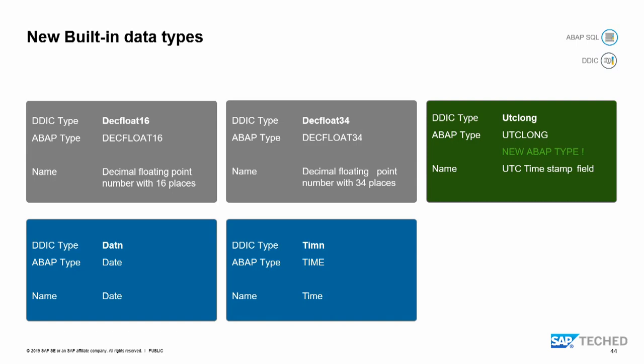And finally, we have the definition of date and time. Date and time already exist in ABAP. We all know there is the classic format. But here, there is a new variation called DATN and TIMN.